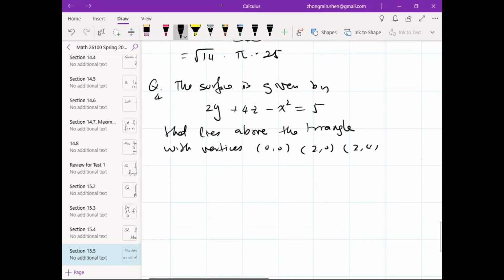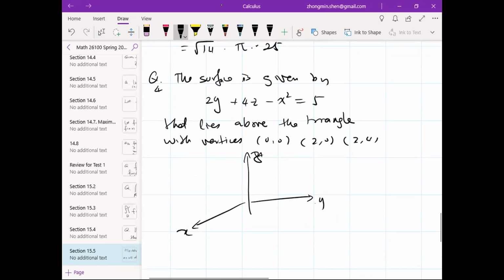It's hard to draw the graph, because the xy plane is horizontal here. So this is the point (2, 0) and the (2, 4) is somewhere here. So this is the triangle D.